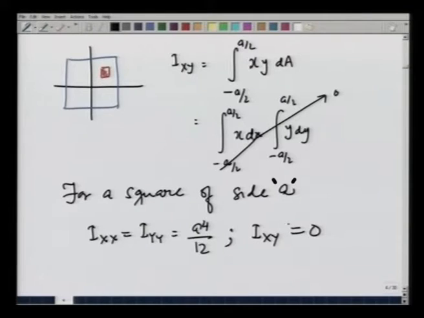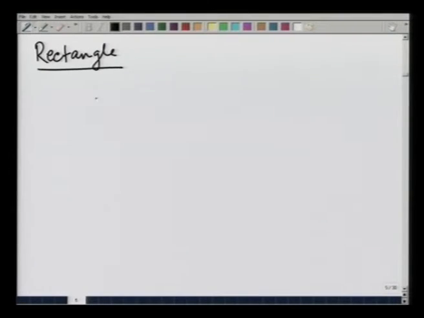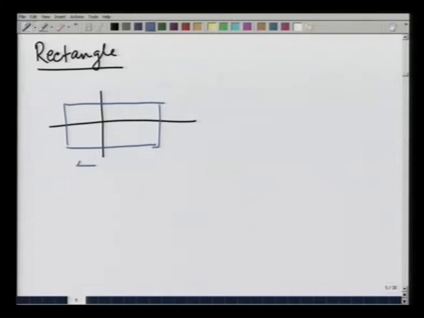As a second example, let me take a rectangle of length a and width b, placed symmetrically about the origin. So, this side is precisely a by 2, and so is this. It is not made to scale, but please understand this is a by 2 divided on both sides, and I want to calculate I x x.